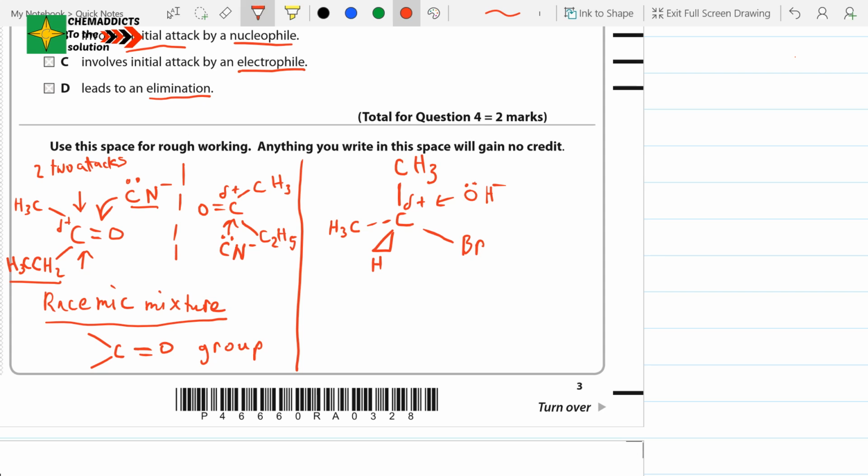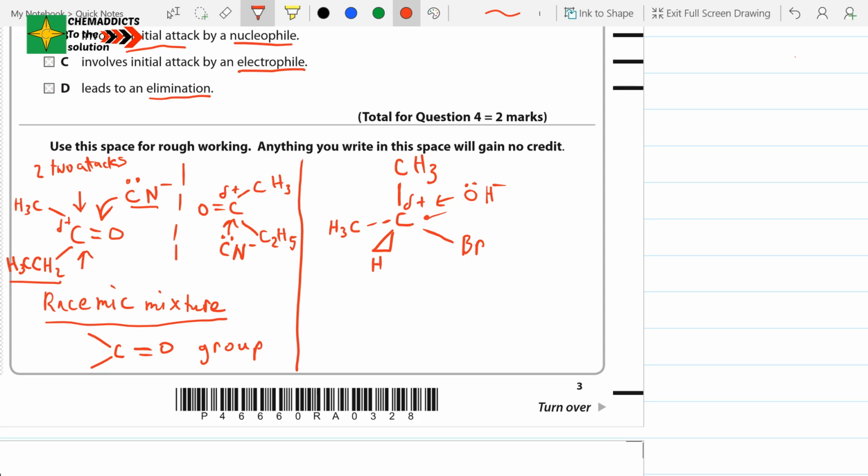So the only space available here is this space, so the nucleophile can attack here. There is only one way that the nucleophile can attack.